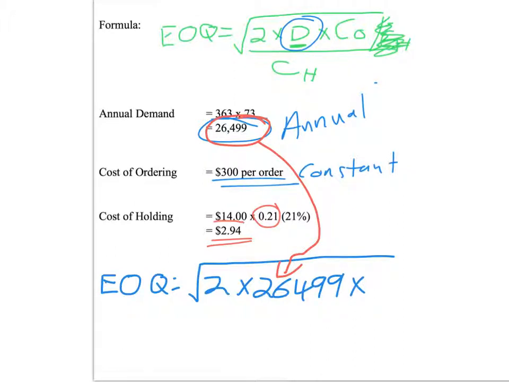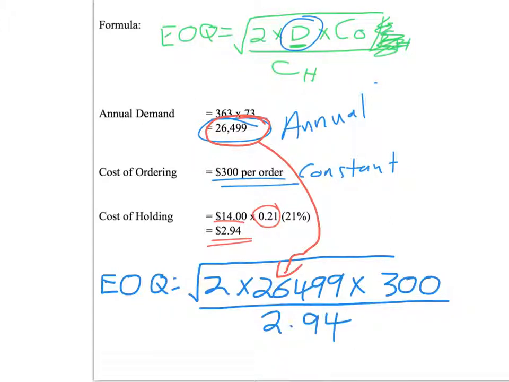Now we're going to finish out. Our cost of ordering is $300. For ease, I'm going to do this the same way that your textbook, or most books, would do it. And your cost of holding is $2.94. So that's what our formula looks like.